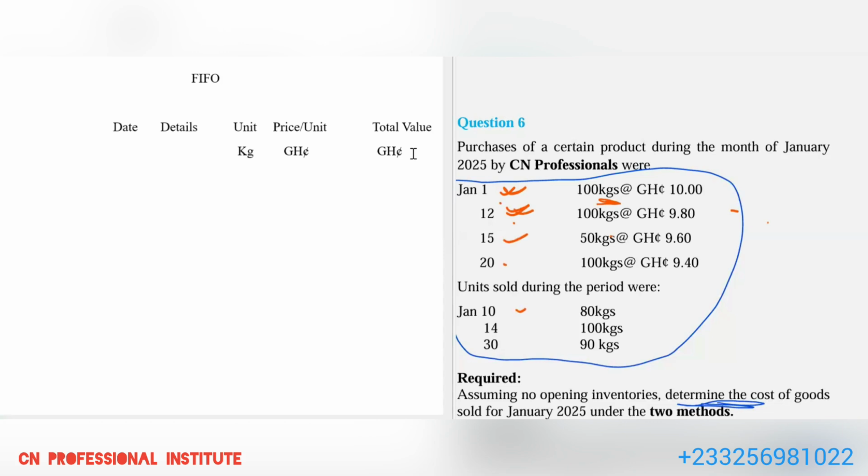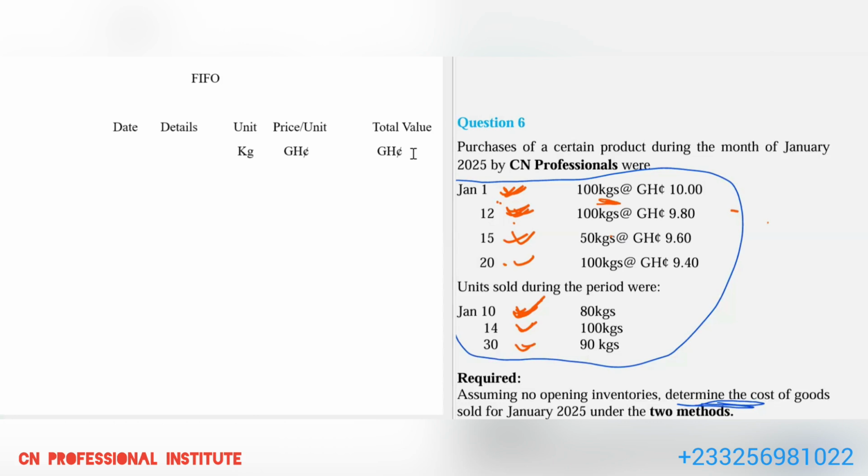And then the sales were made on these dates: January 10, January 14, and January 30. So we purchased January 1st, then January 10 sold, January 12 purchased, January 14 we sold, 15 we purchased, 20 we purchased, and then finally January 30 we sold.